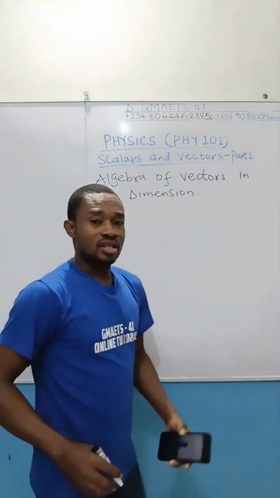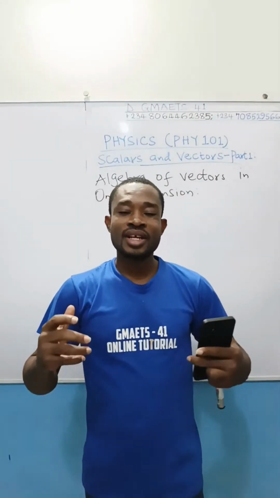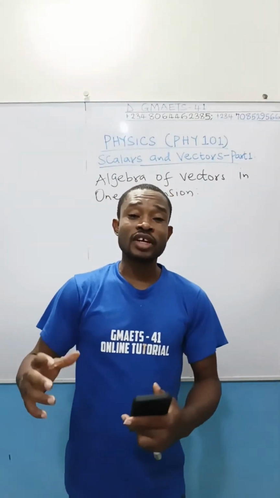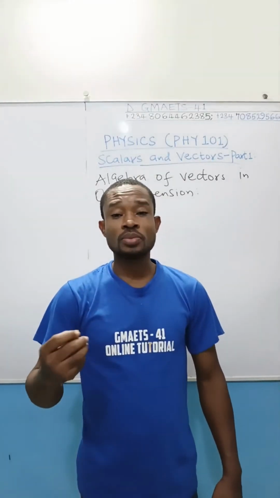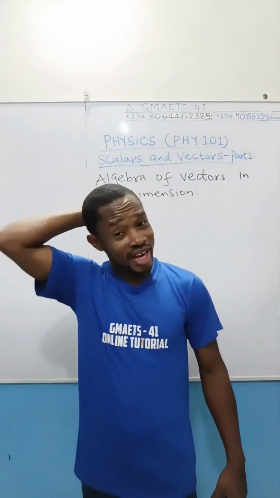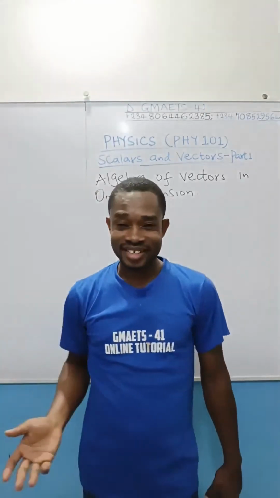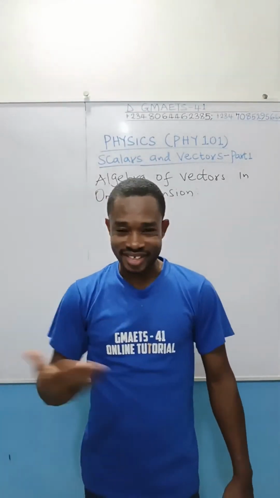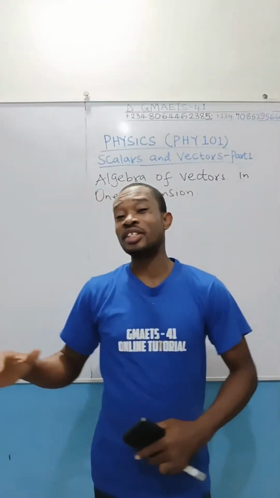Before we move on to this, I would like to state clearly that in handling algebra of vectors in one dimension, we can add and or subtract them. But generally, whenever you are dealing with vectors in one dimension, what you actually do there is addition. You add generally. Although we'll talk about subtraction, that subtraction is actually obtained from the addition process.